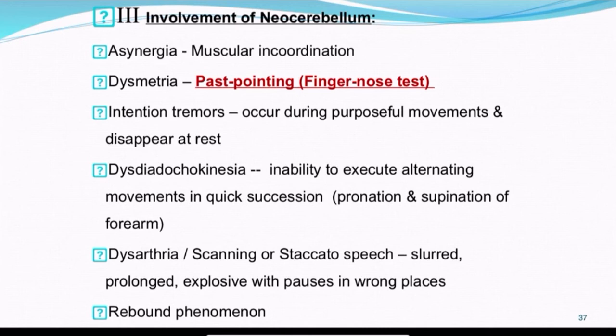Rebound phenomenon is a very different kind of phenomenon where the patient is unable to check the action of agonist muscles by the corresponding antagonist muscles. Supposing you have your biceps, the flexor, and triceps, the extensor of elbow. To what extent the biceps is functioning or contracting, the triceps will know, because the next movement is going to be triceps.